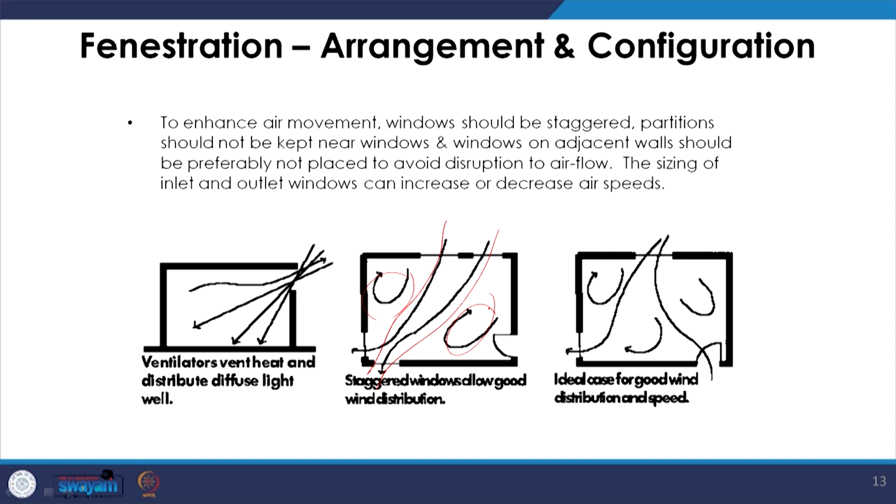However, if we do not have these openings, the wind would just not circulate through the entire room. So, for enhancing the air movement, it is advised that the openings be provided on opposite walls and preferably the corners, so that the entire room remains well ventilated.